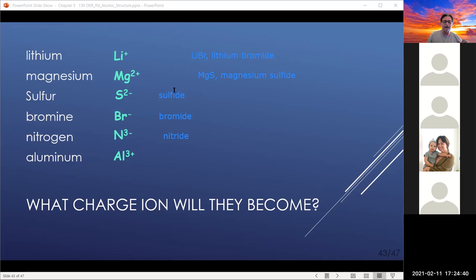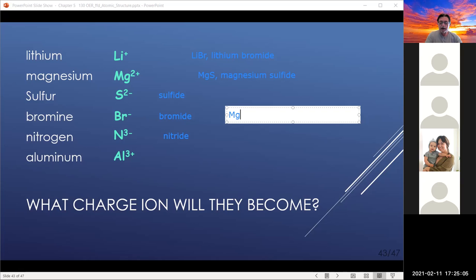All right. So let's try magnesium and bromide. We know we're going to use one magnesium, but the bromide is a -1, right? So how many bromides do I need to cancel that +2 of the magnesium? 2.